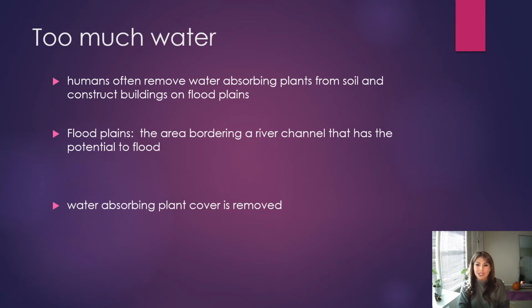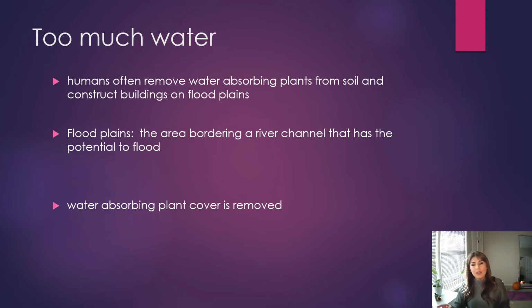So modern floods today are more disastrous because humans often remove water-absorbing plants from soil and construct buildings along floodplains. That is the area bordering a river. This is going to lead to more floods.